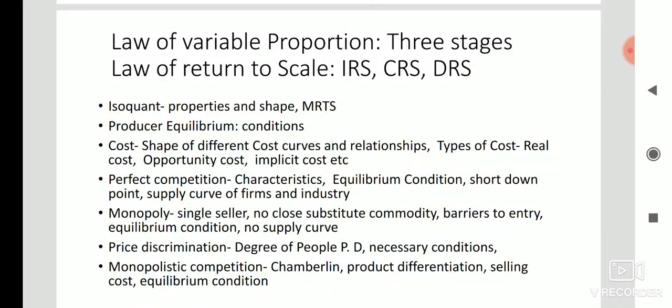Marginal cost cuts the average cost and average variable cost at their lowest point. So long as MC lies below AC, AC is falling, and so long as MC lies above AC, AC is rising.